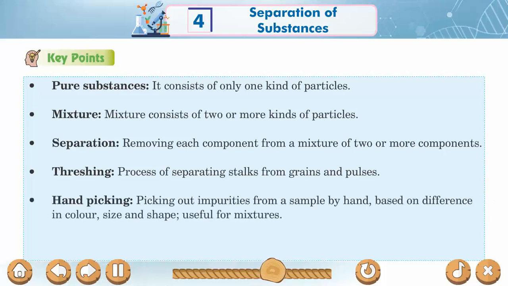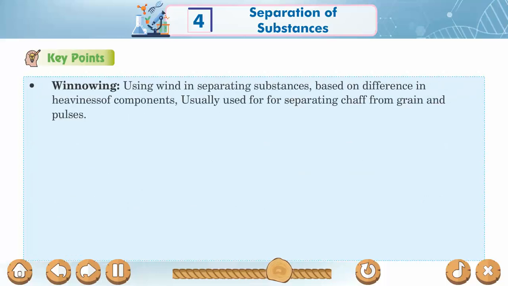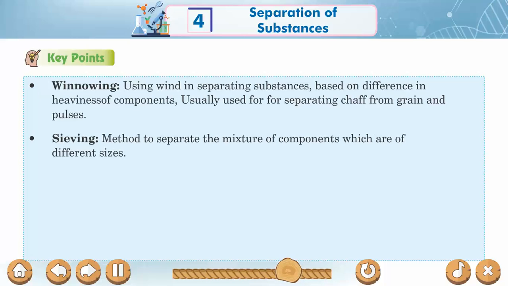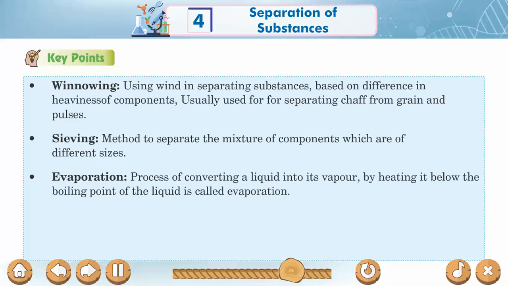Hand picking: picking out impurities from a sample by hand based on difference in color, size and shape, useful for small mixtures. Winnowing: using wind in separating substances based on difference in heaviness of components, usually used for separating chaff from grain and pulses. Sieving: method to separate a mixture of components which are of different sizes.